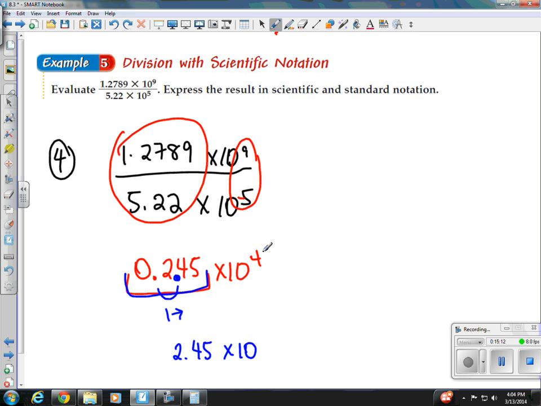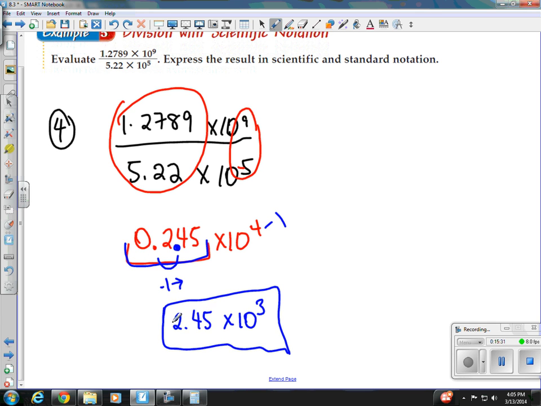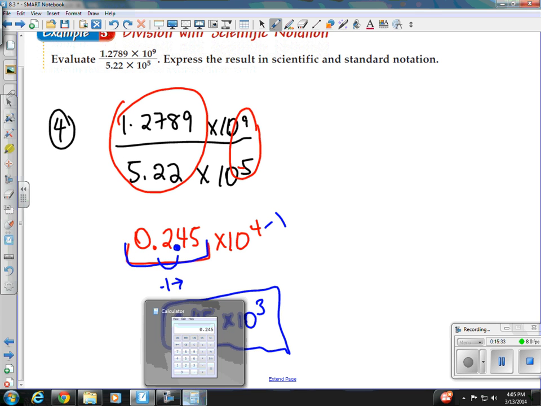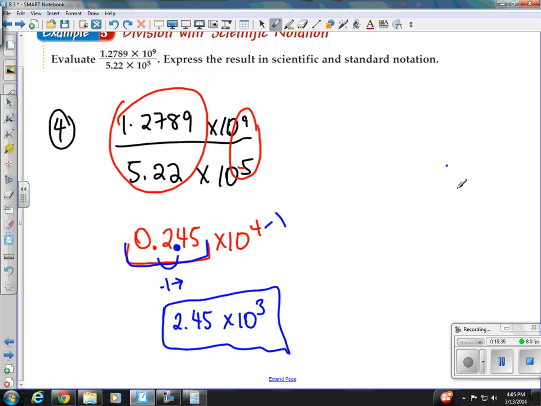And once again, I have to adjust my power now. So where it's a decimal and I had to make it bigger, I had to make it a negative power, so -1. Also, if you remember, if we move it to the right, it also makes it -1. So 4 minus 1 is 3. And that finishes up for our scientific notation, writing it, and performing operations with it.